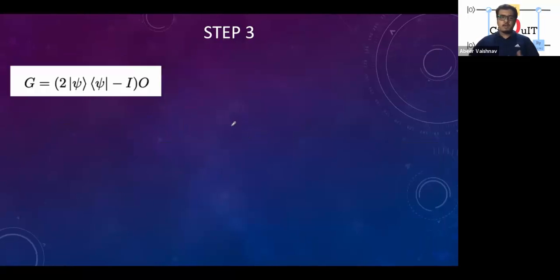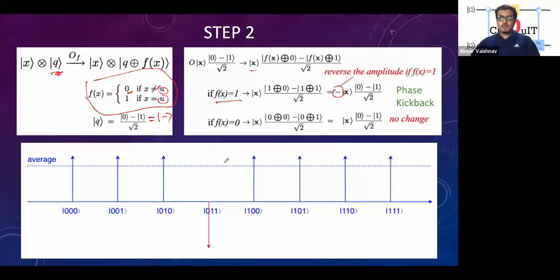In the next step, that is step 3, we implement a Grover diffusion function. The diffuser acts in such a way that it reflects the amplitude of the marked state about the average value of all the amplitudes. So instead of reflecting it about this axis, it will actually reflect it about this particular average value.